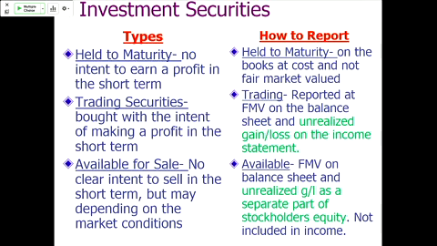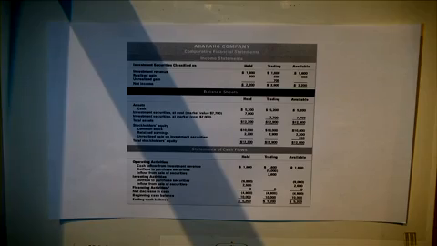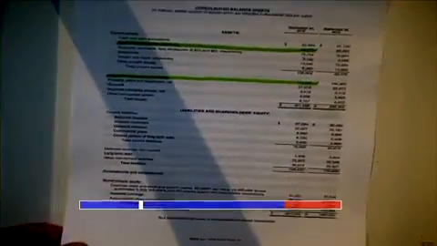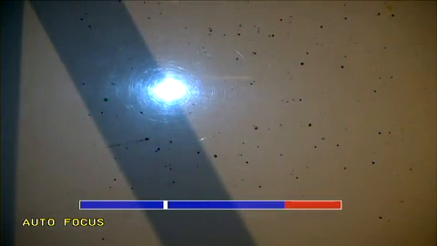I'm going to show you an actual balance sheet. I actually have Apple's financial statement. Everybody knows the company Apple, right? Everybody okay with this? On Apple's, and this is just not going to work well.